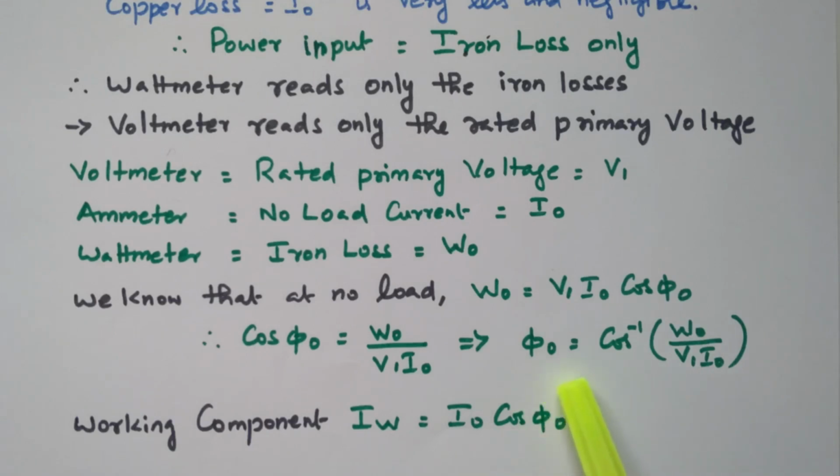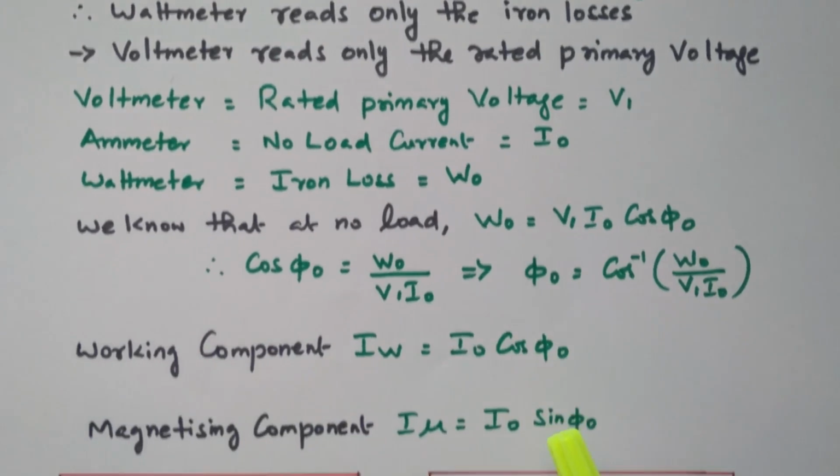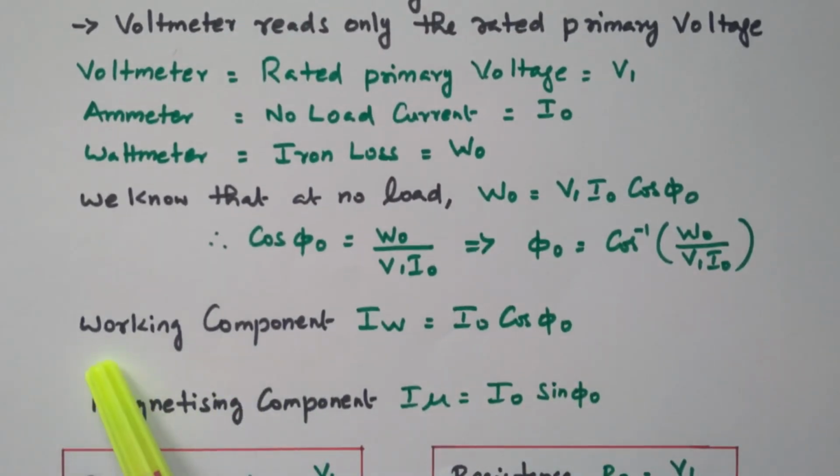Now we have the phase angle between current and voltage. From that we can find two parameters. The working component, which corresponds to the iron loss, is I naught cos phi naught. Similarly, the magnetizing component I mu is I naught sin phi naught. The phasor diagram is available, and from that we can obtain this formula.